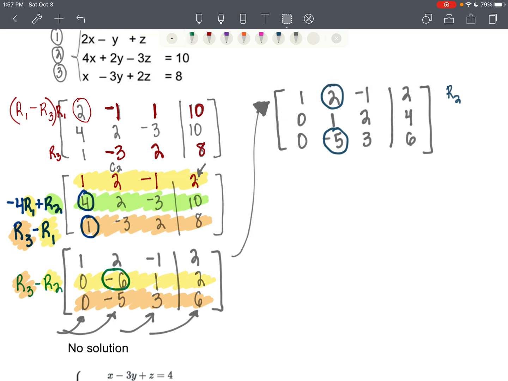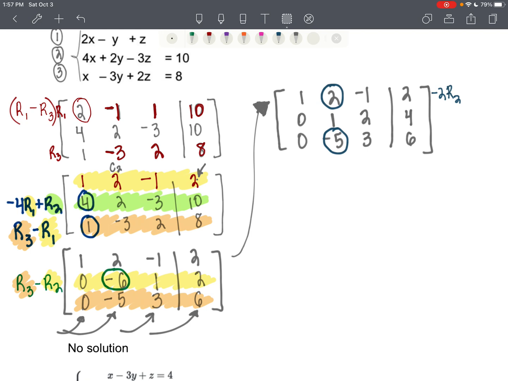So if I multiply row 2 by -2, that's going to be 1 times -2 plus 2, which gives me a 0 there. That's going to work out nicely, and it's not going to mess up anything else I've got going on in that first column.